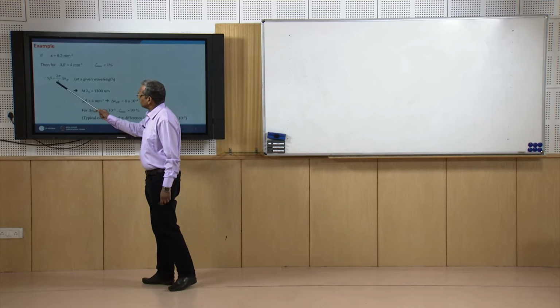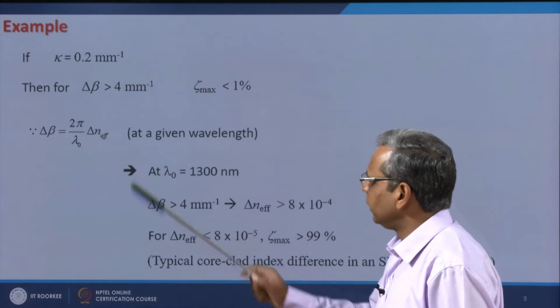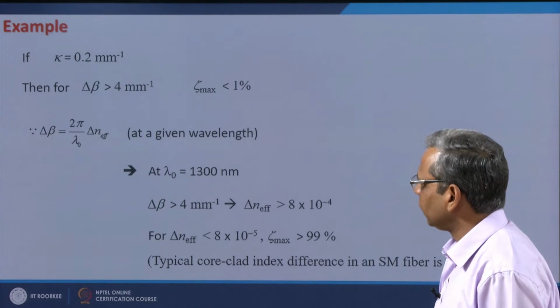We know that delta beta is equal to k naught delta n effective, where k naught is 2 pi over lambda naught.